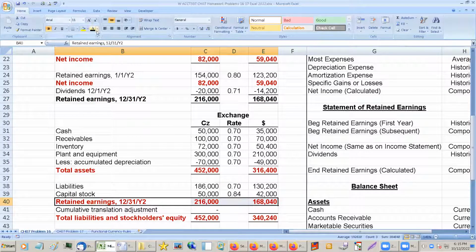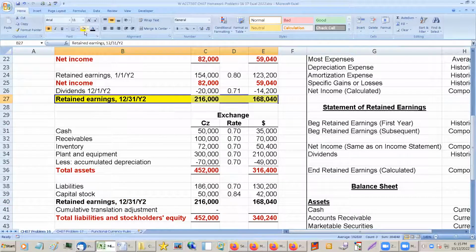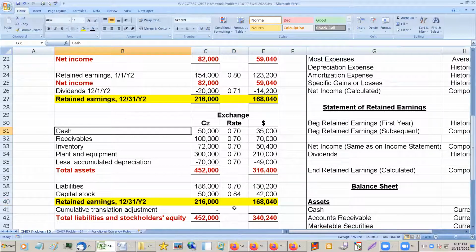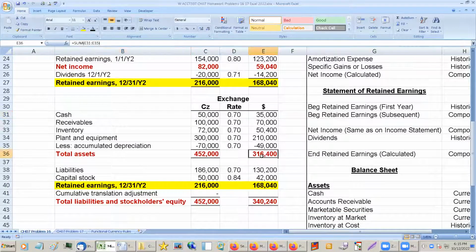Change it so it doesn't get confusing. Okay, so our total assets are 316,400. Our total liabilities and owner's equity is 340,240.